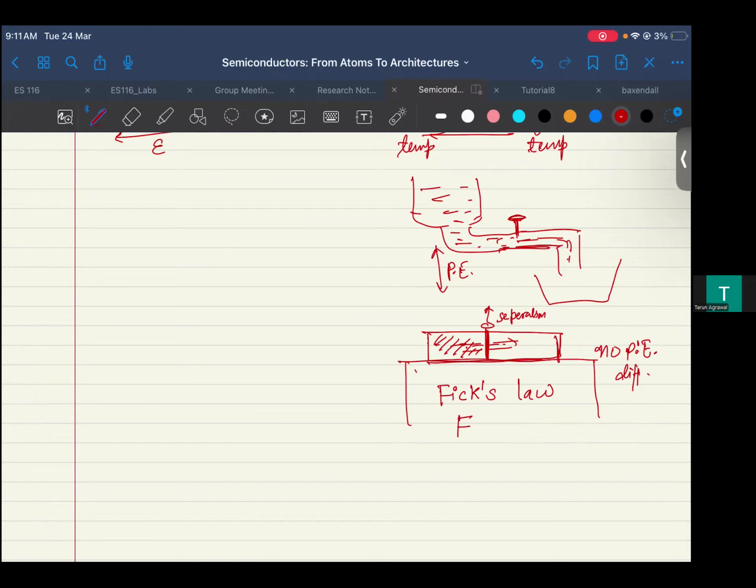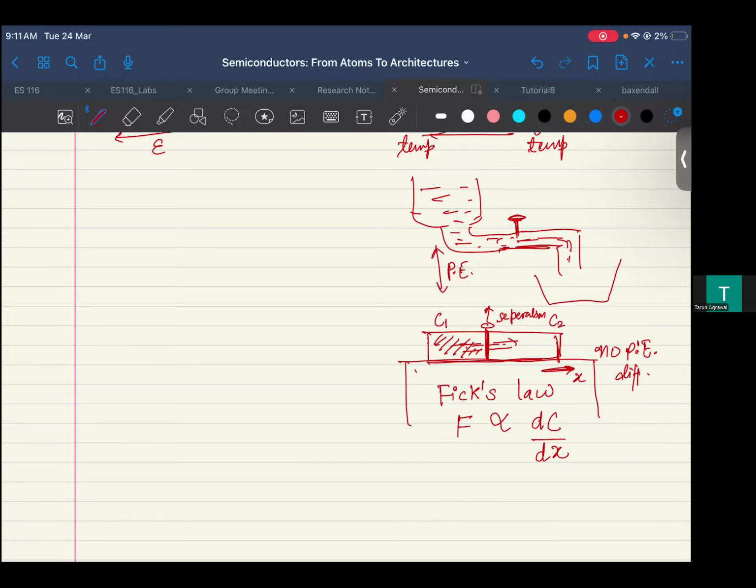That is the water flow which you are looking at. It's proportional to the amount of water here and the amount of water here. That is called a concentration gradient. So C is, let's say, the concentration of water here and the concentration of water here, which is dC, and this can be in any direction. For now, let's say x direction we are studying, right? So this is what it is.